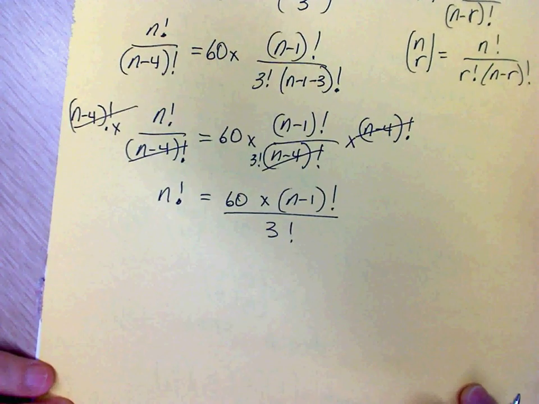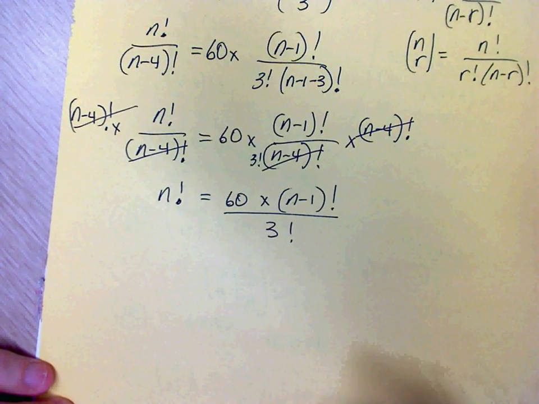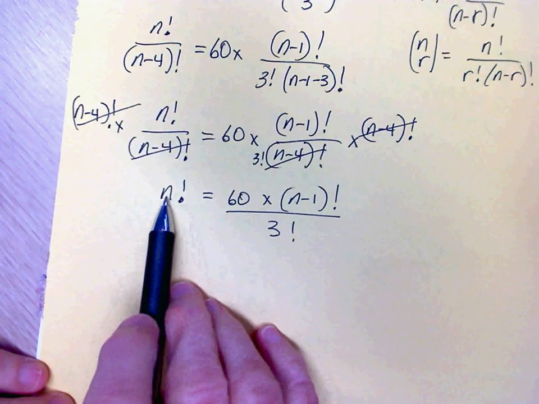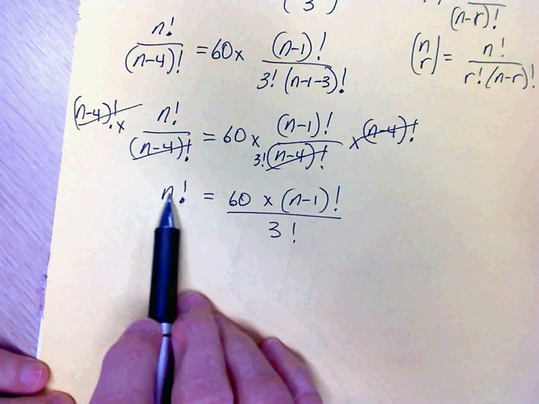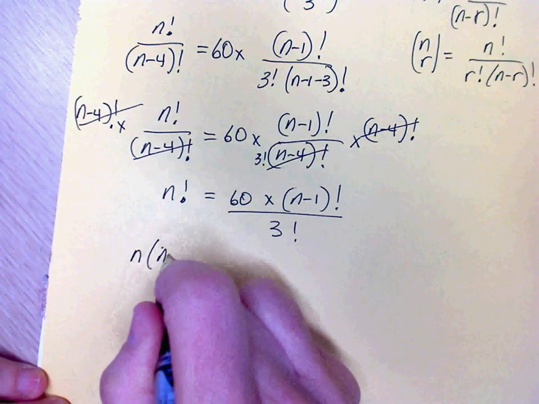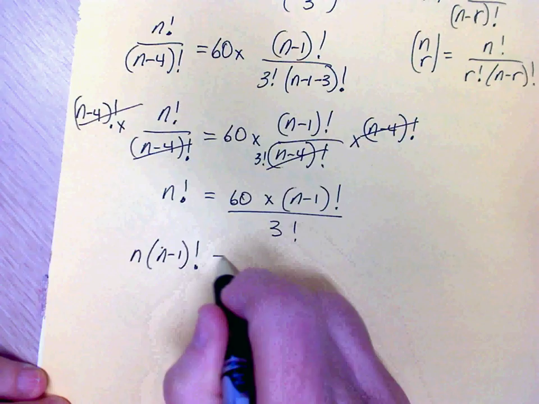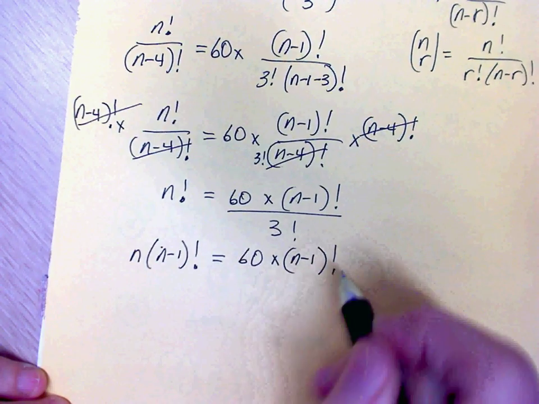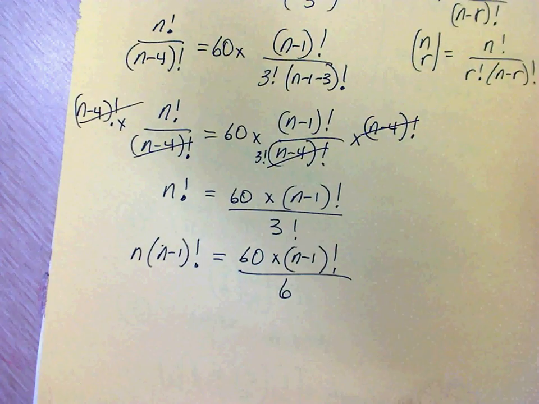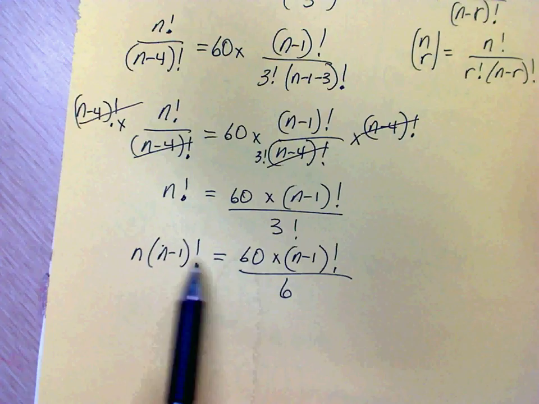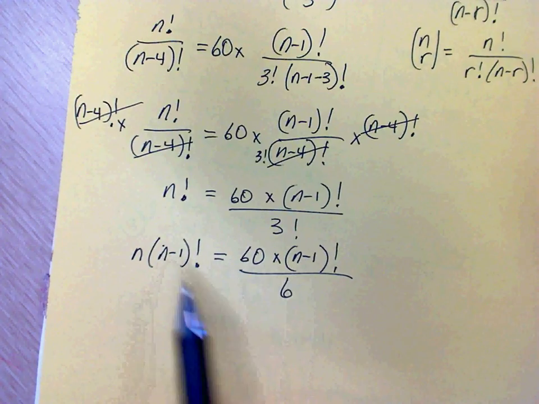Okay, so I'm going to need to divide out the n minus 1 factorial, so I'm going to write this left hand side as n times n minus 1 factorial equals 60 times n minus 1 factorial over 6. So this is beautiful because I can divide both sides by n minus 1 factorial, so those will divide out, right?